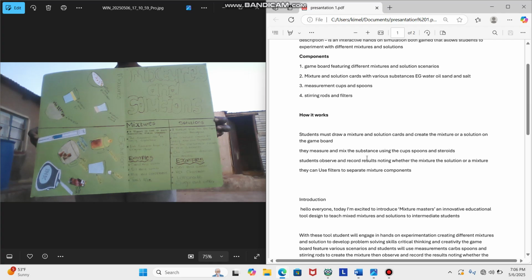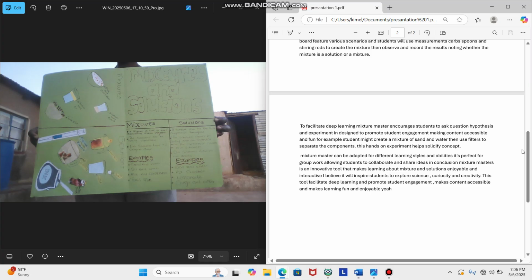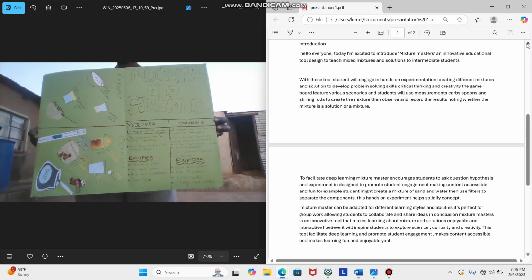In this paragraph, I've mentioned some tools on how you can separate mixtures and solutions. With this tool, students will engage in hands-on experimentation, creating different mixtures and solutions to develop problem-solving skills, critical thinking, and creativity.